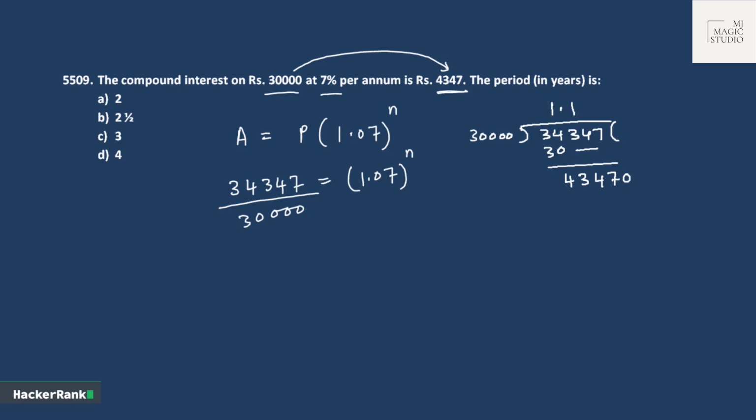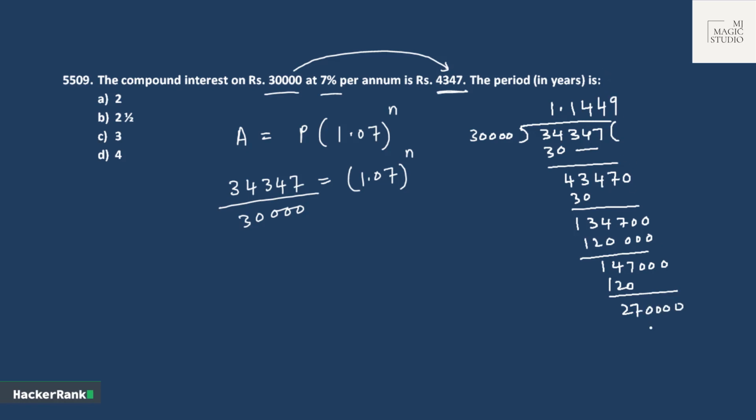Then again once 30,000 will be 13470, 4 times 120 will be 147,000, again 4 times 120, 270,000, it will go 9 times.